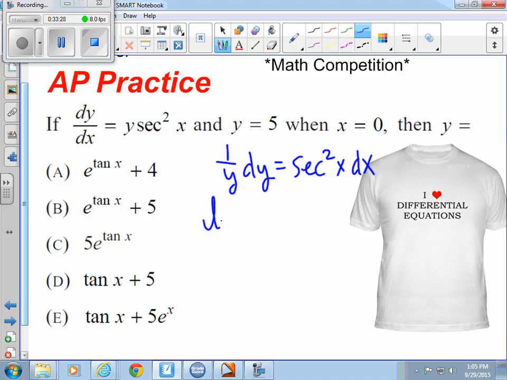Natural log of the absolute value of y equals tangent of x plus C. The point is 0 for x and 5 for y.